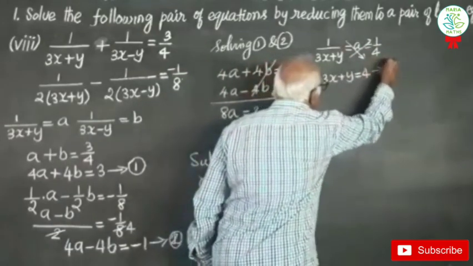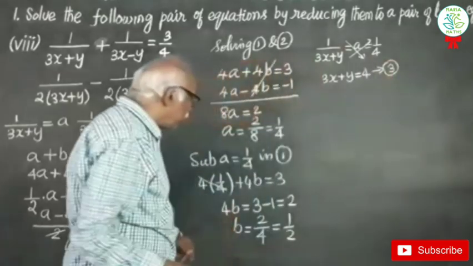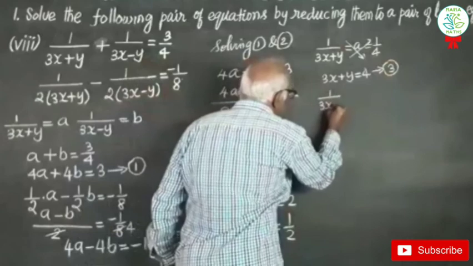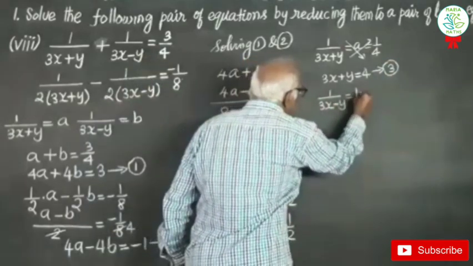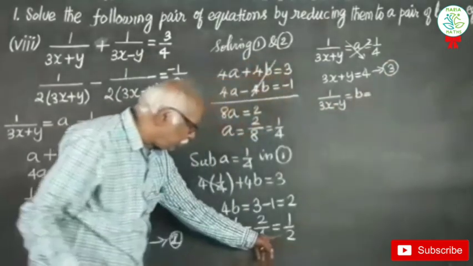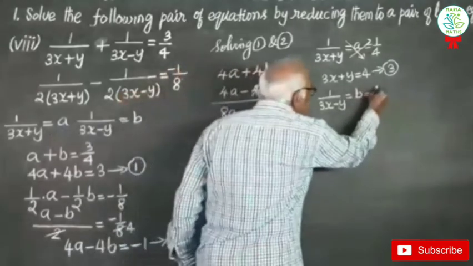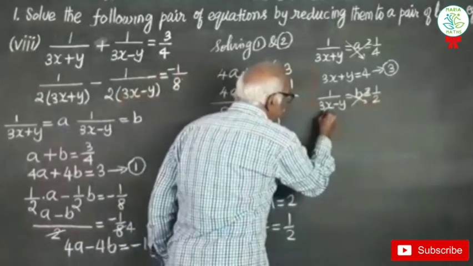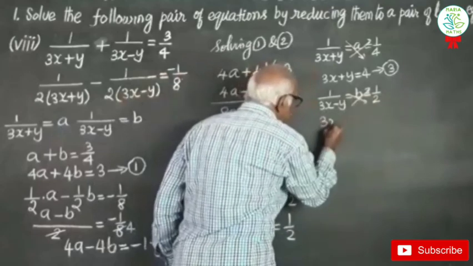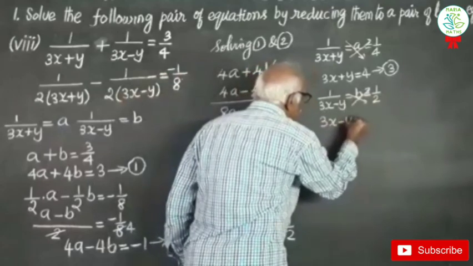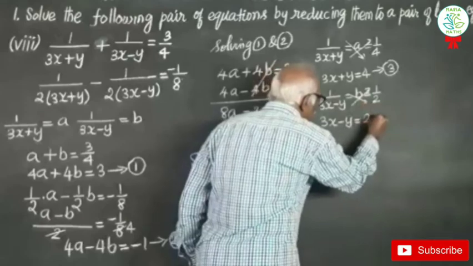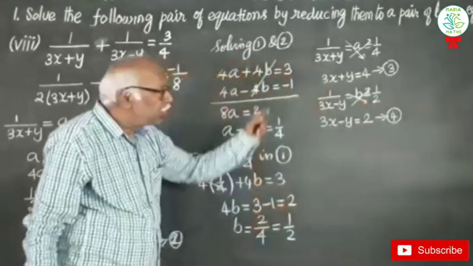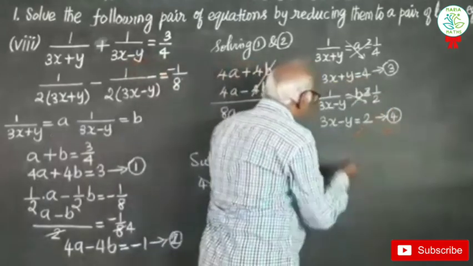Equation number 3. Then 1 by 3x minus y is equal to b, which is 1 by 2. Now cross multiply: 3x minus y equal to 1 into 2, 2. Equation number 4. Now solving 3 and 4.